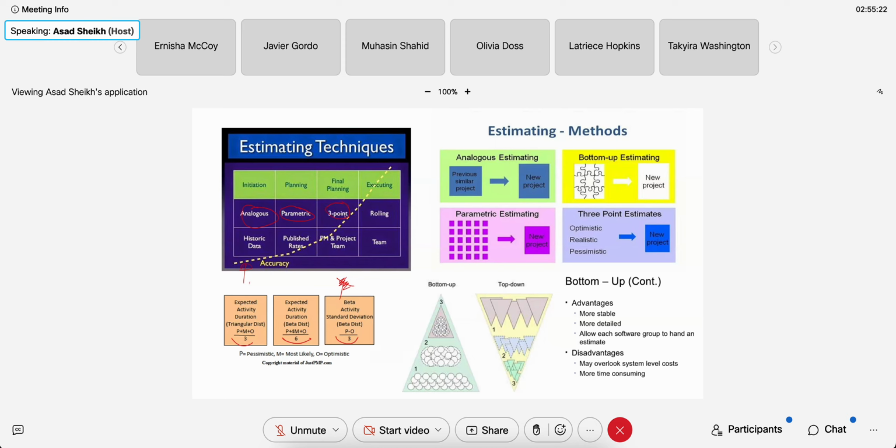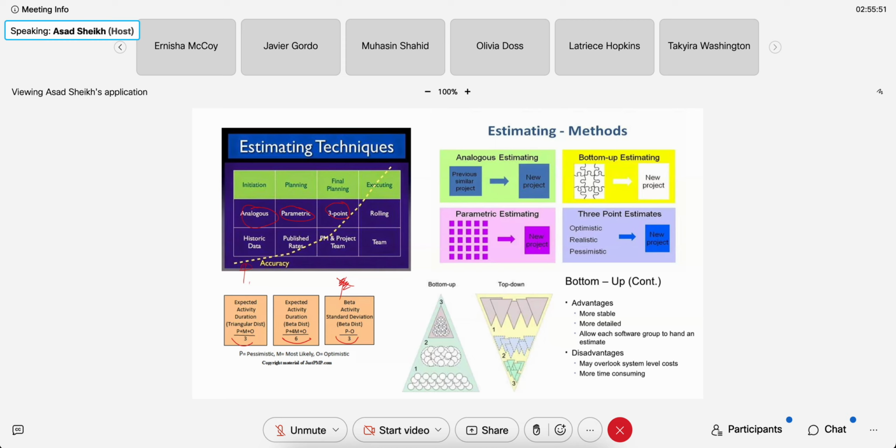The 3-point is the best one. Before we start into execution, as when you start the project, everything is high level. Go into planning, you are able to estimate better, and then you finally use 3-point, and your estimates for duration are pretty good at this point. So the accuracy goes up.